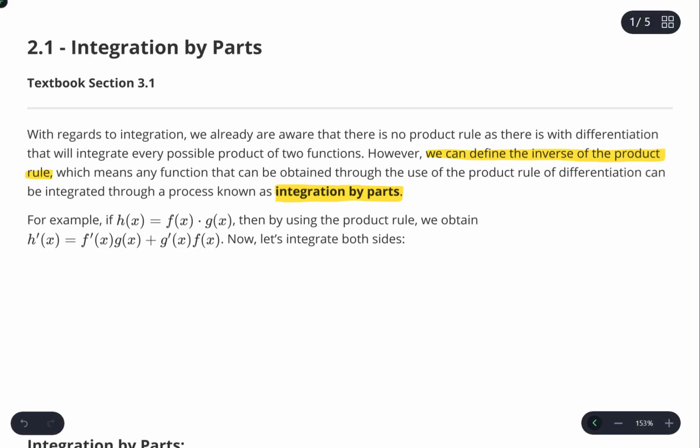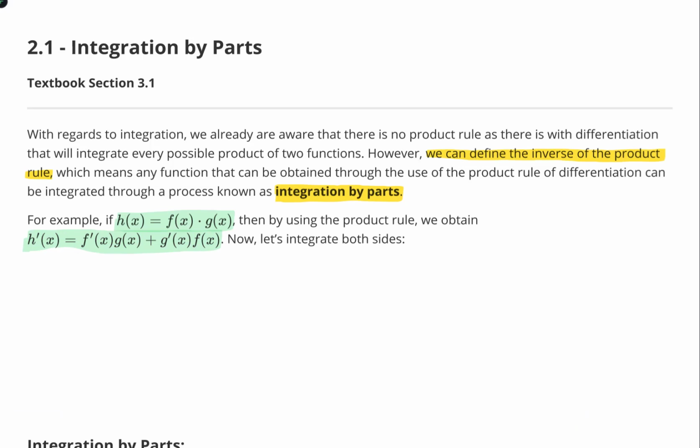All right, so let's walk through how this could potentially work. So the product rule, for instance, if I have a function of the form h of x equals f of x times g of x, so we have the product of two functions, then using the product rule of differentiation, we would get h prime of x is f prime of x times g of x plus g prime of x times f of x.